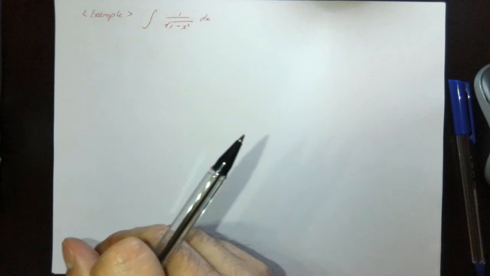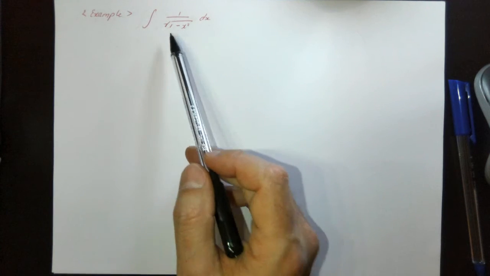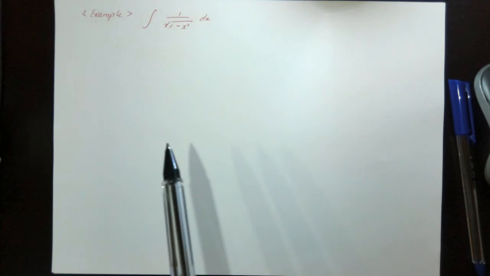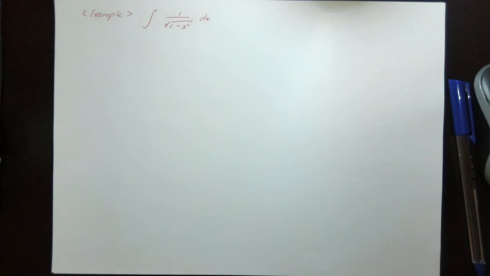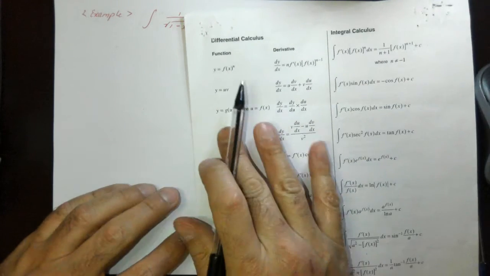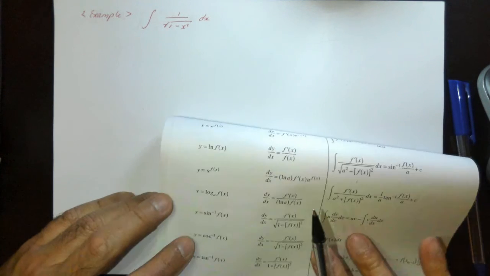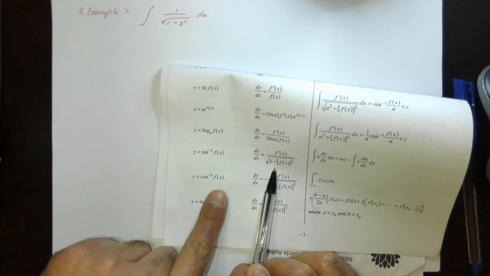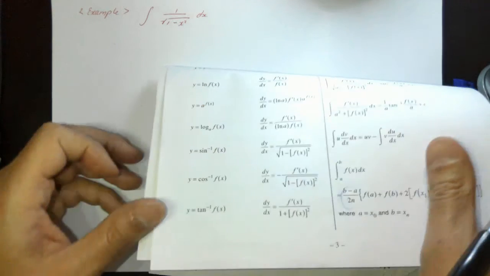Okay, so this is obviously we have a radical, so we're looking at something like this. Using my standard integral sheet, I'm looking for something that has a term multiplied by x by another term. So in this situation, I have sine of x.